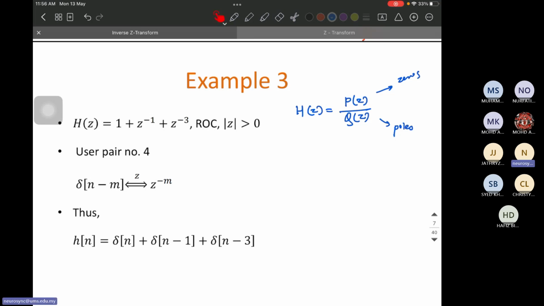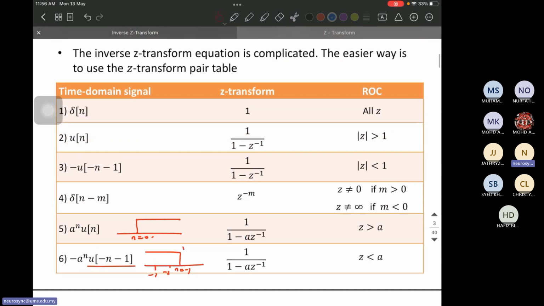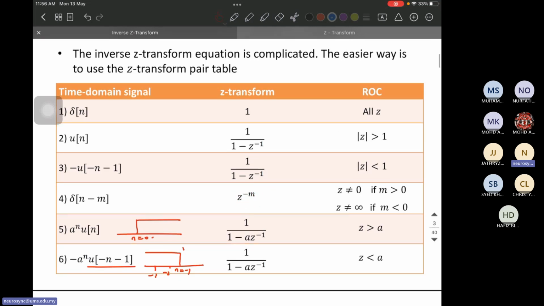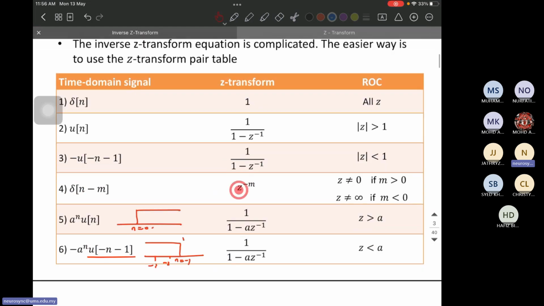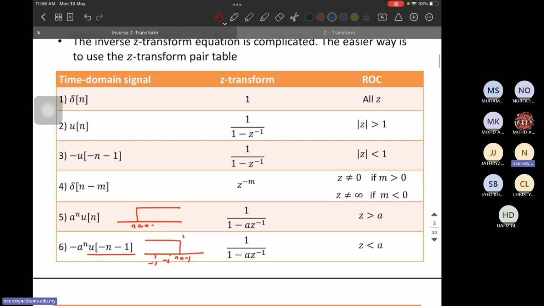Now in this case, from the standard signals in the table, in the given H of z we are having terms like z to the power minus 1, z to the power minus 2, like this. We know the standard z transform of delta n minus m, which is equal to z to the power minus m.